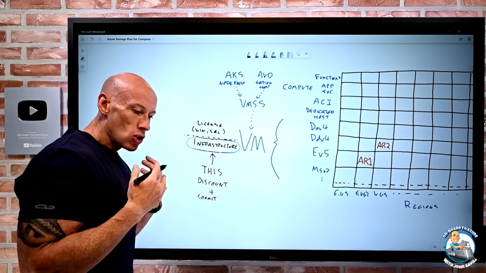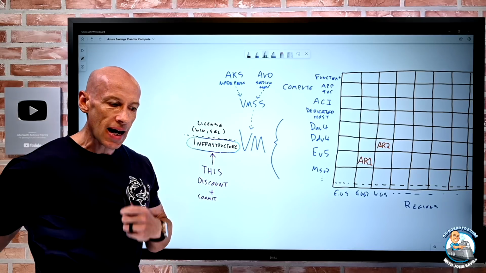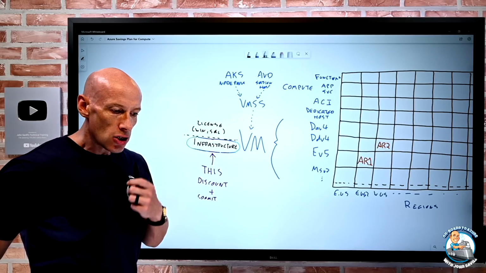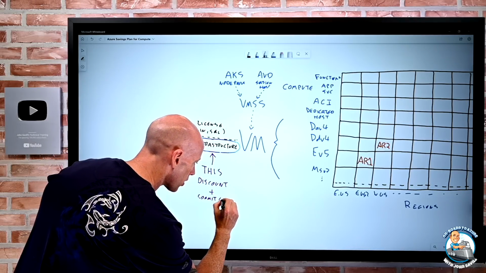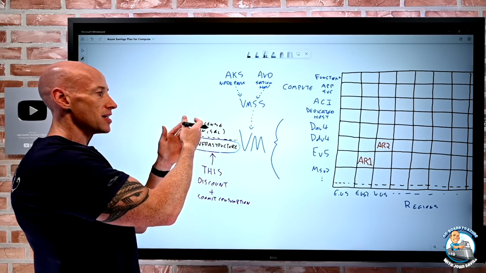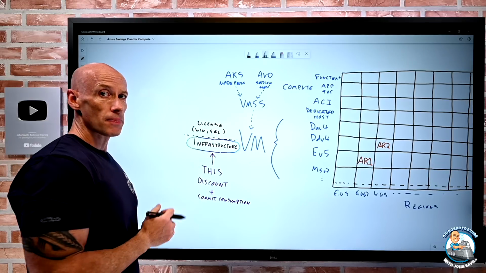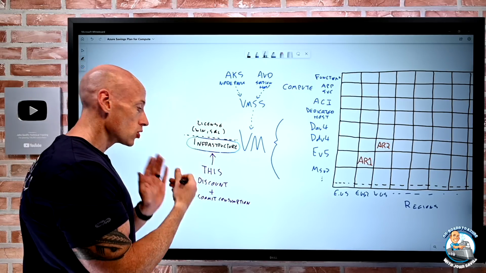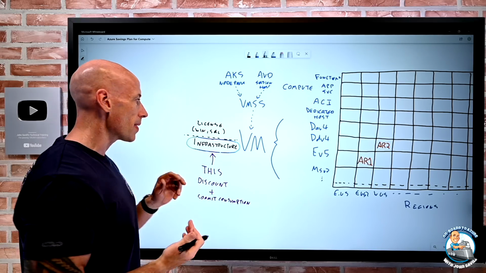So we're actually using that as part of meeting the commitment we're going to make to use an amount. So that's our whole commit consumption. That license part does not get the discount. That license part of any cost does not count towards the commit consumption we're making.